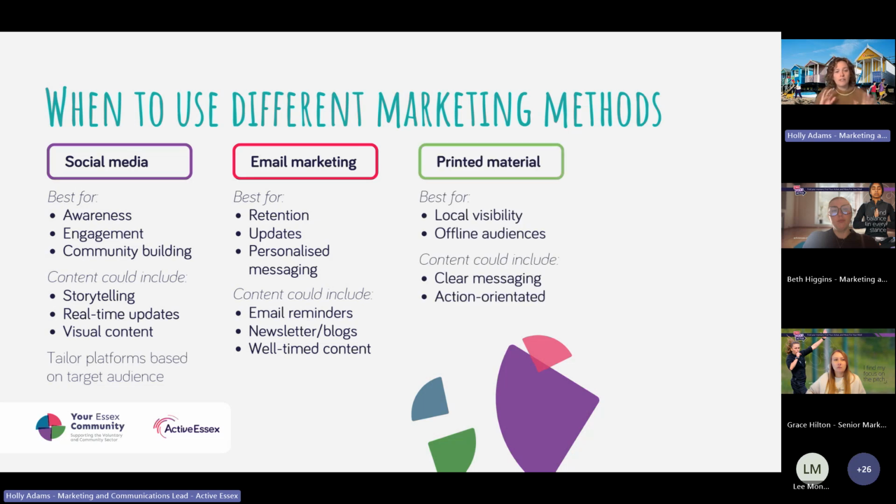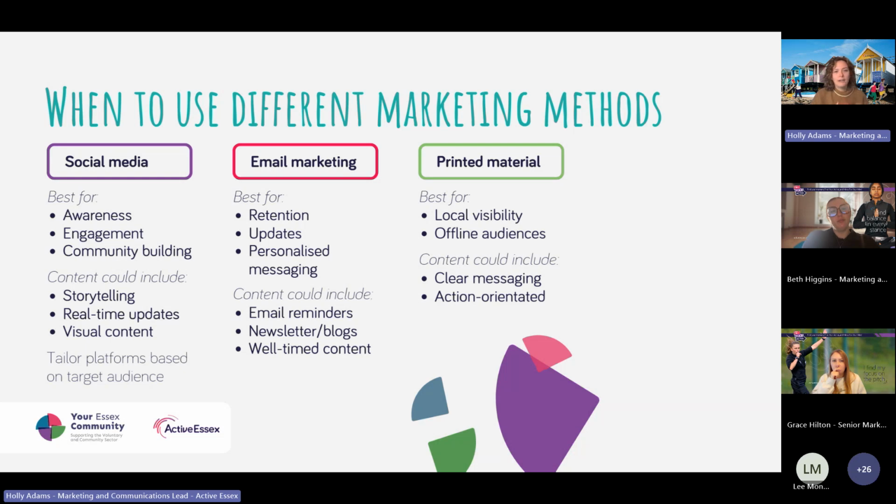Again, as Beth mentioned around digital versus print, printed material is great for local visibility and really key for those audiences that perhaps struggle a little bit with technology, or are offline and you want to engage with them in a different way. And you can make sure that your messaging is clear. But what you really need to make sure is that it's action orientated.